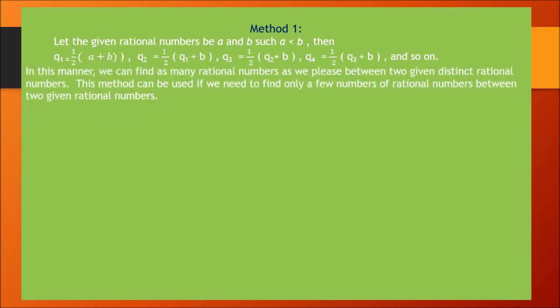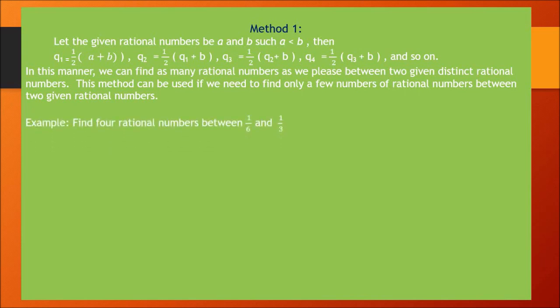Actually, this is the formula for finding rational numbers between two given rational numbers. In this manner, we can find as many rational numbers as we please between two given distinct rational numbers. This method can be used if we need to find only a few rational numbers between two given rational numbers.